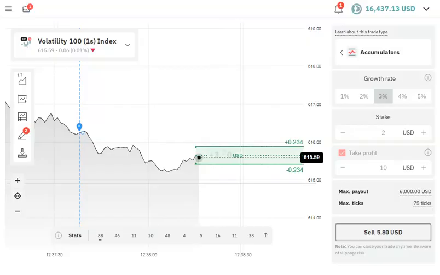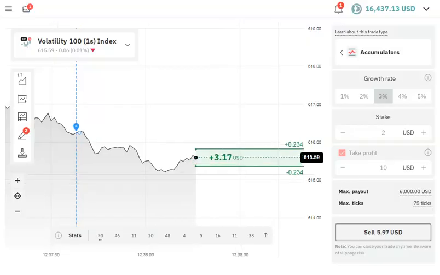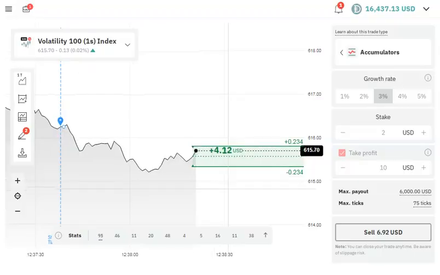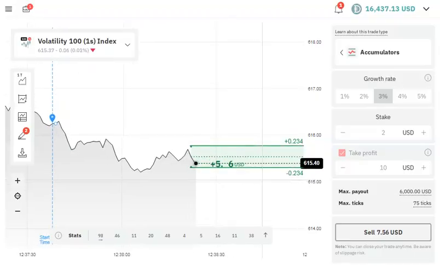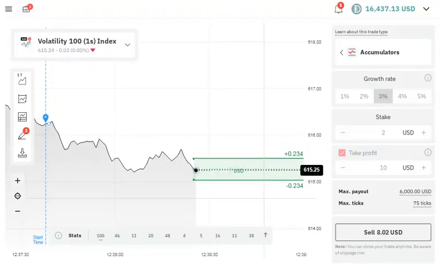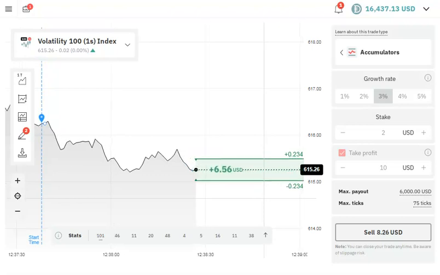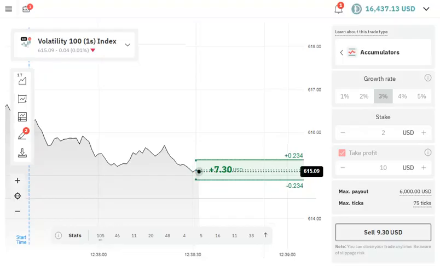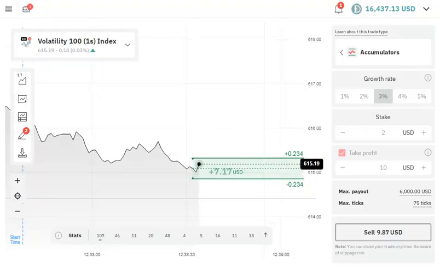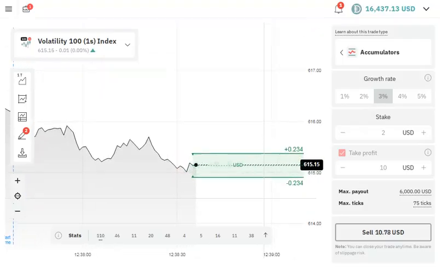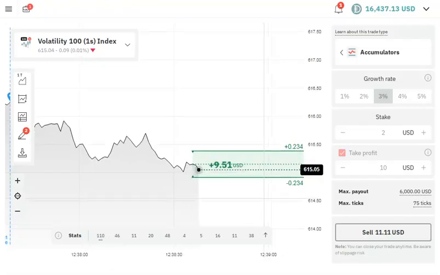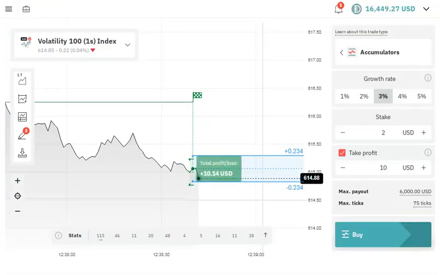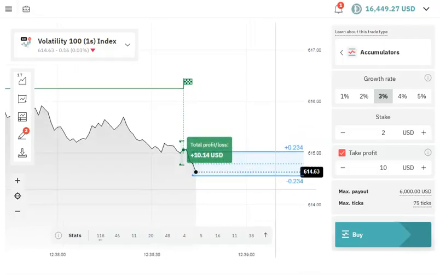If it was going to stop us out, this green box would have immediately turned into a red box and yielded a loss for us. As it is going, we are making profit little by little, and it is going to reach our take profit. We are in $8 profit, and yes, we made 10 US dollars. It was a winner trade.